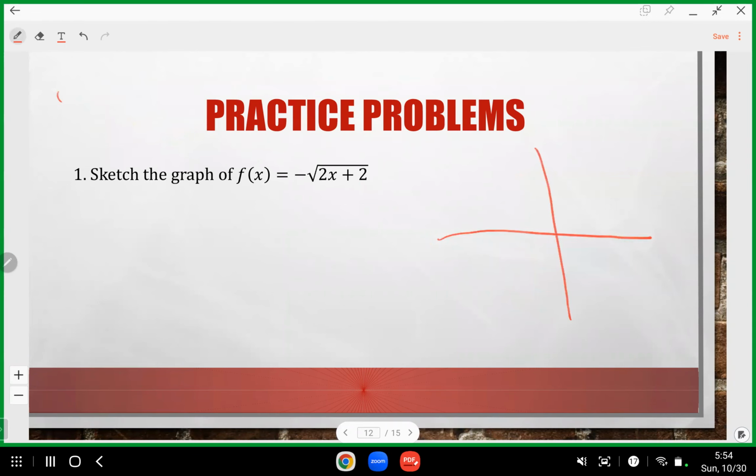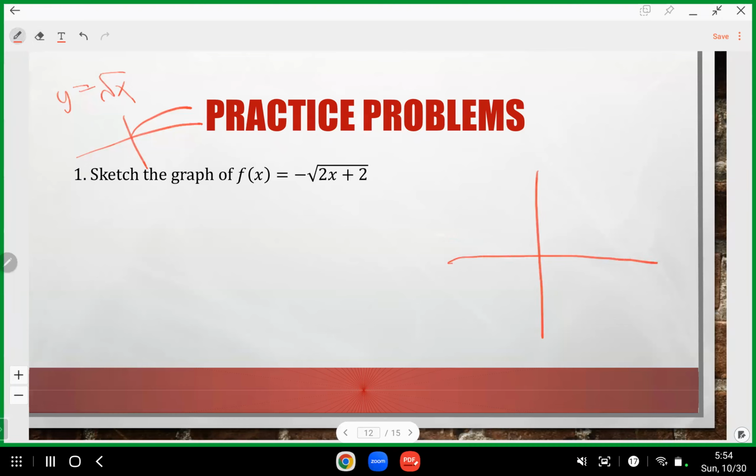Okay, so now let's look at another one. The parent graph is y equals the square root of x, something like this. We're going to reflect it anyways, so let's just go ahead and do that. Now we have our horizontal shift of 2 units to the left here.